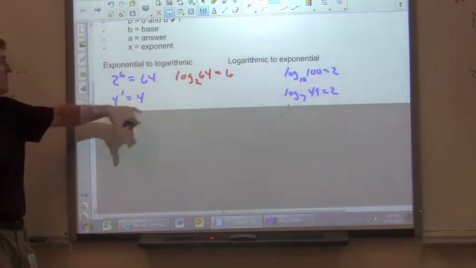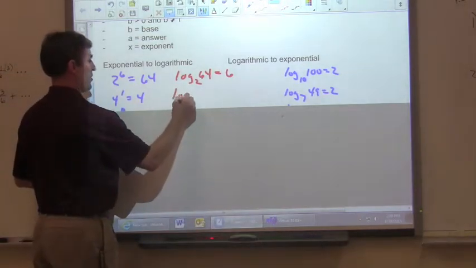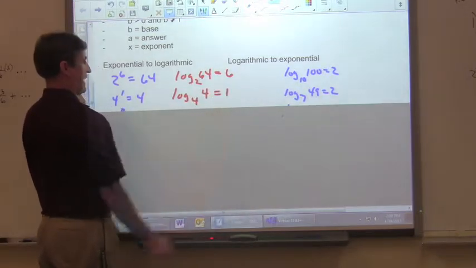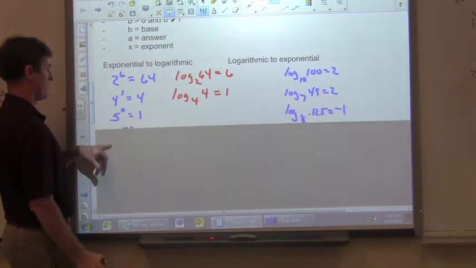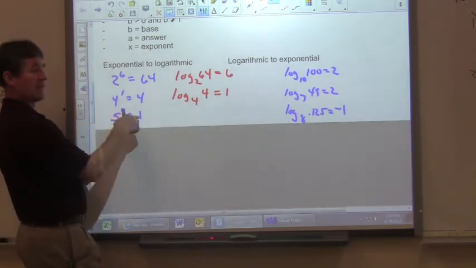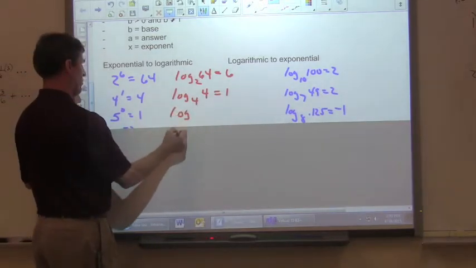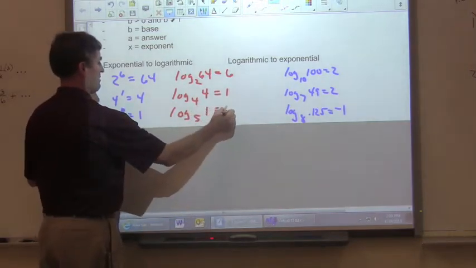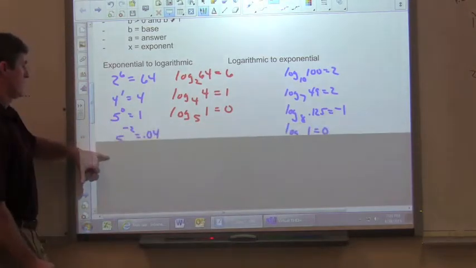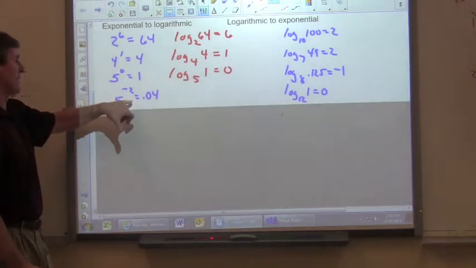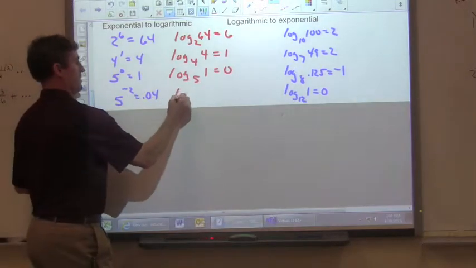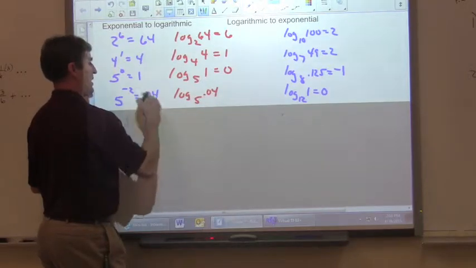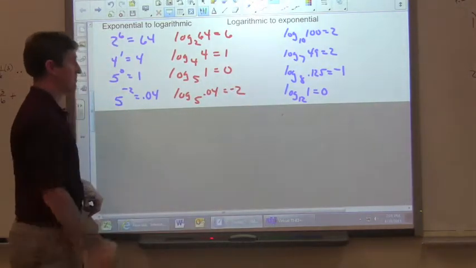If we did 4 to the 1st, which is equal to 4, that would be log base 4 of our answer, 4, equals our exponent 1. 5 to the 0 power, anything to the 0 power is 1, but if I do it in logarithmic form, it would be log base 5, my answer is 1, my exponent is 0. And 5 to the negative 2nd, which would be 0.04, would be again log base 5, my answer is 0.04, and the exponent is negative 2.